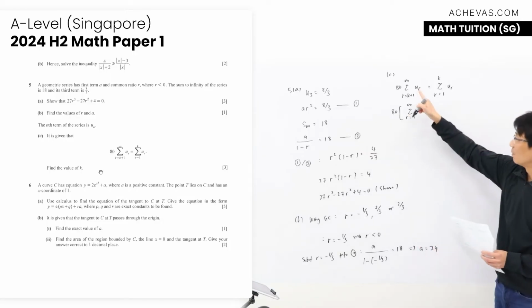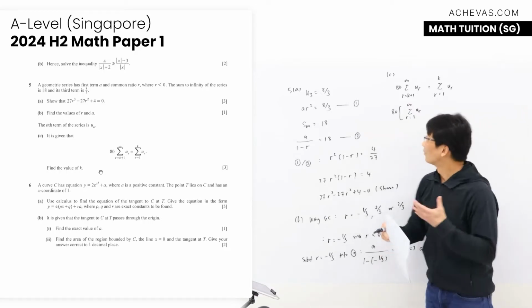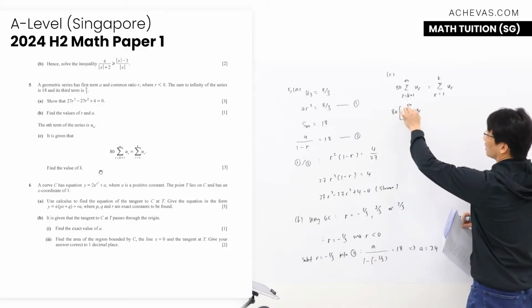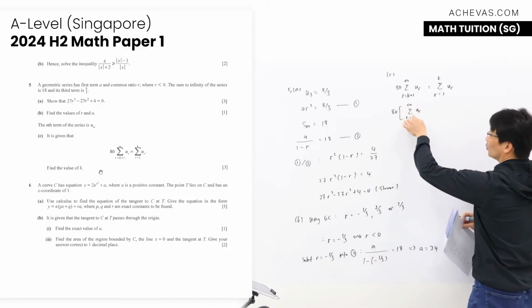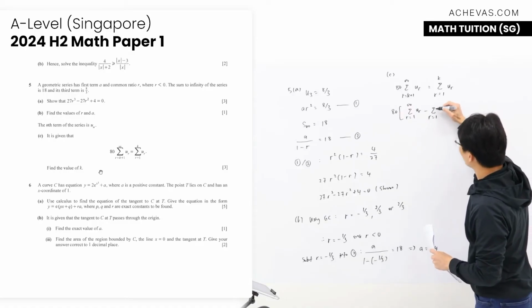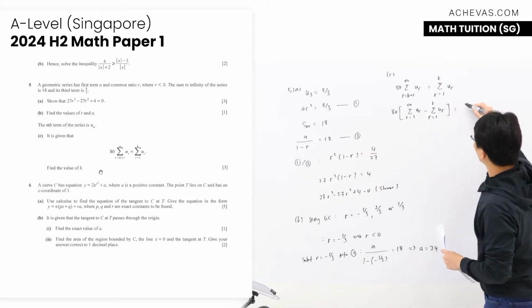By changing from here to here, we can see actually we are adding in extra terms from 1 all the way to k. Right, from here to here is extra term from 1 to k. Therefore, I need to deduct back from summation of 1 to k of ur. And this right hand side is the same.